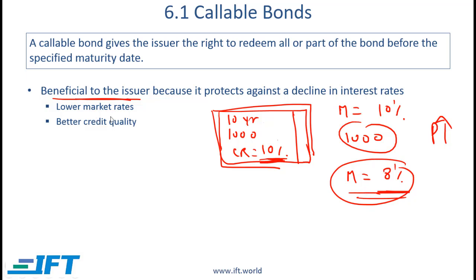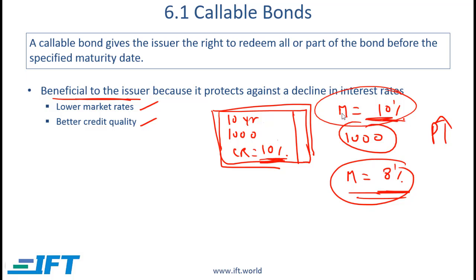And now let's look at the two possible reasons for interest rates going down. One reason is that in general market rates are down. Another reason is that the company now has better credit quality. This rate of 10% is based on market rates and the credit quality of the issuer. Issuers with weak credit quality generally will have to pay high rates.